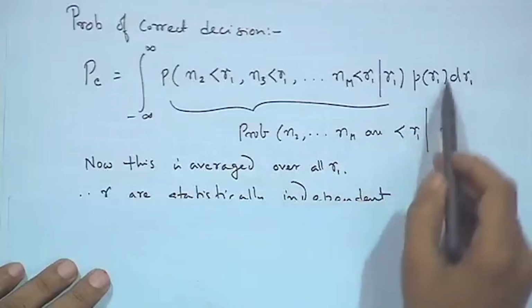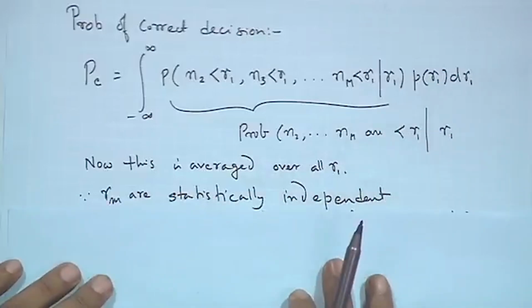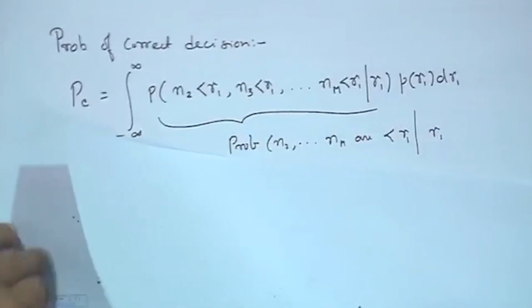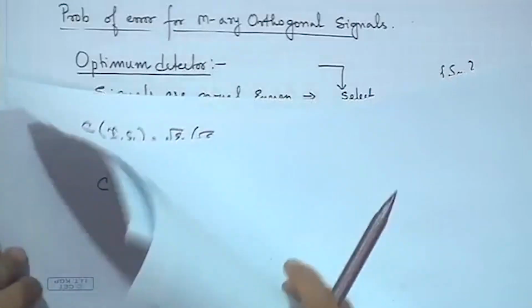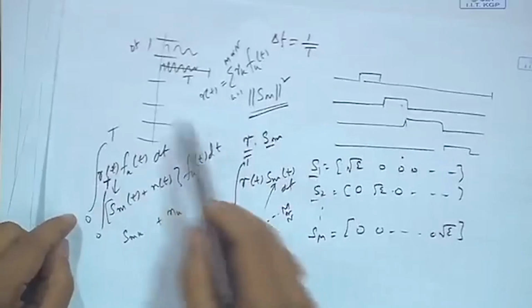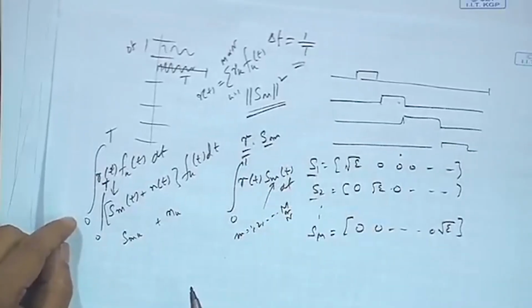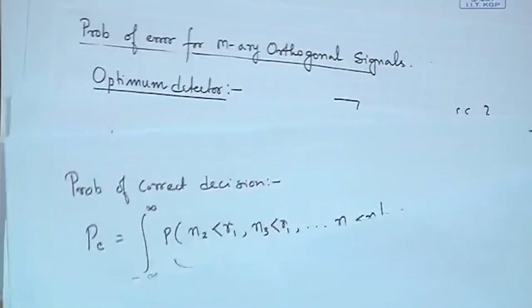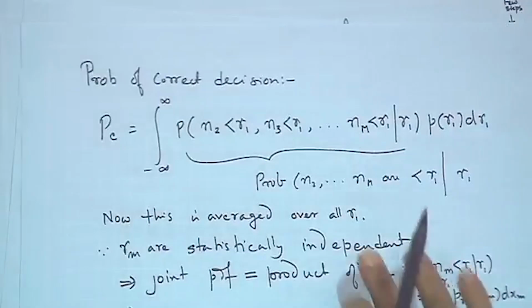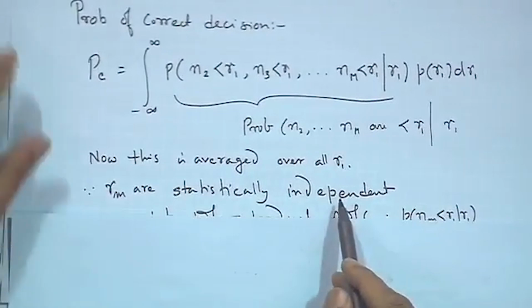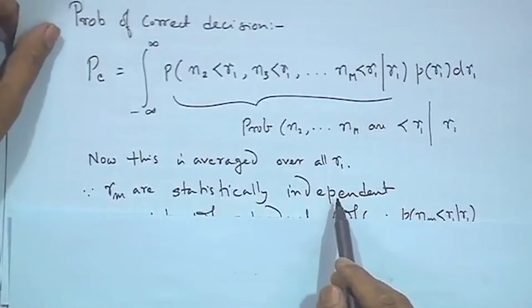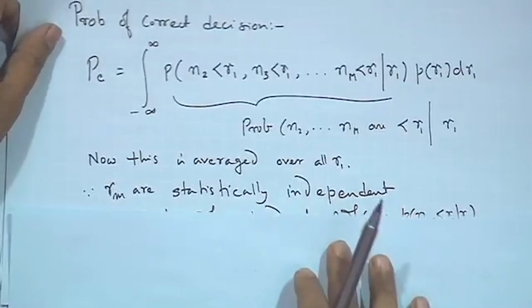So, this is averaged over all possible R1, and now we have always been using that these are orthogonal signals. If they are orthogonal, in that case the Rm's are statistically independent, because they are Gaussian distributed and the first one has a mean of root Es, all others have a mean of 0.